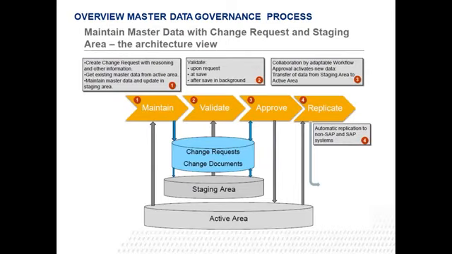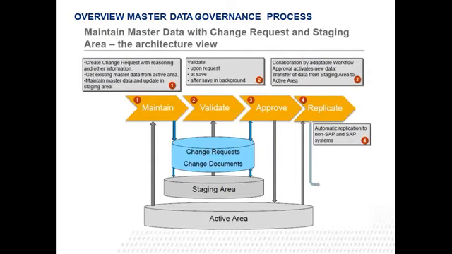When you want to update a master data record or create one, we maintain the information at the change request level. Once we maintain that information, if it is an update, I have to take it from the active area and then update it. In the next stage, I submit my data through a change request, and that changed information sits in a staging area.